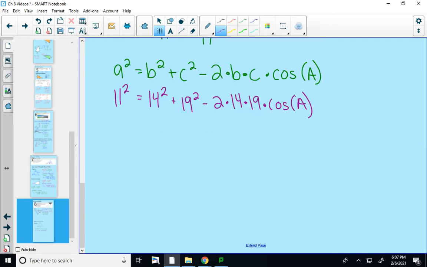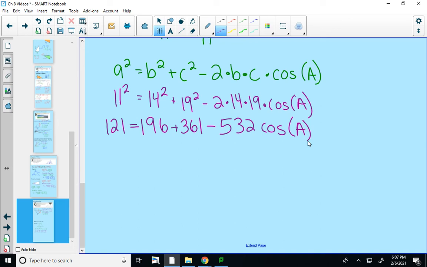11 squared I know is 121. 14 squared is 196. 19 squared is 361. 2 times 14 times 19 is 532. So our goal is to get A all by itself.